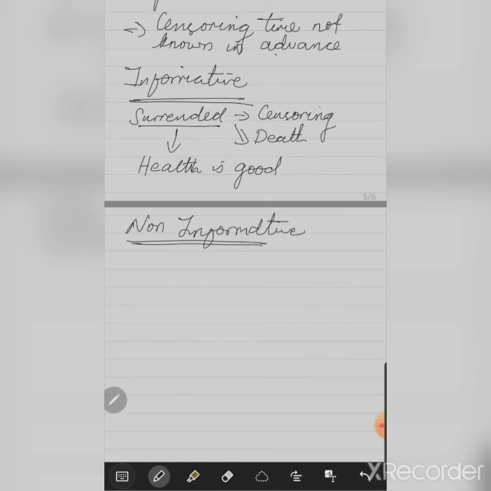So whenever, just by looking at the censored lives, I can't conclude anything regarding the future lifetime of those censored lives, then we call it non-informative censoring.